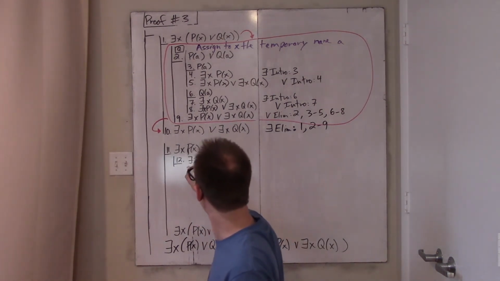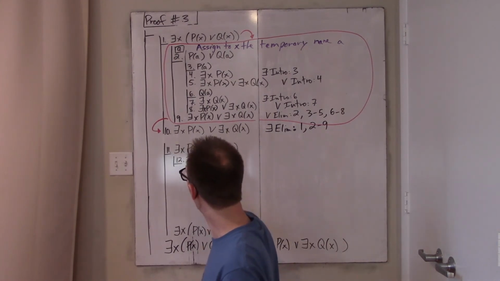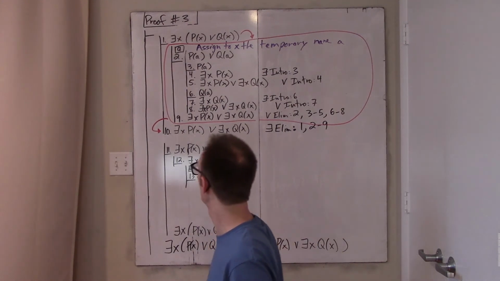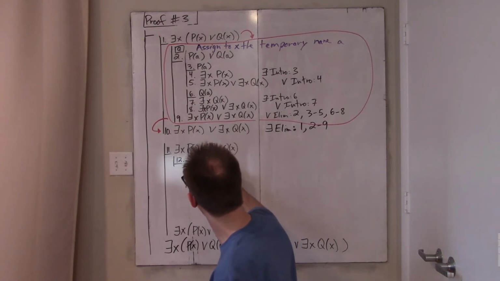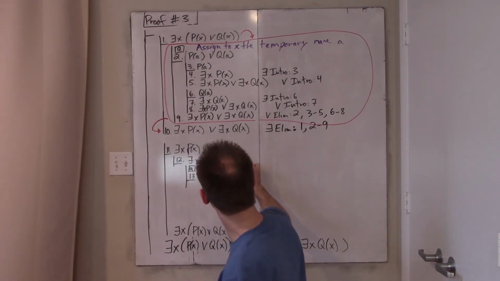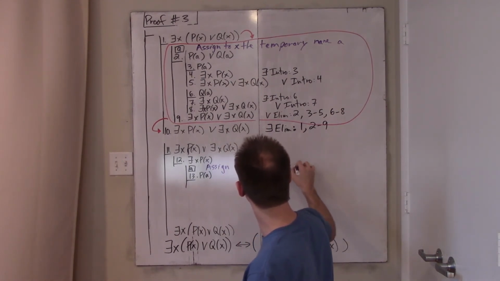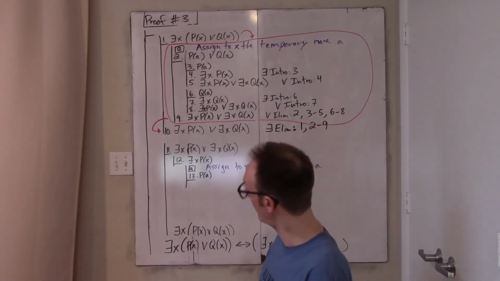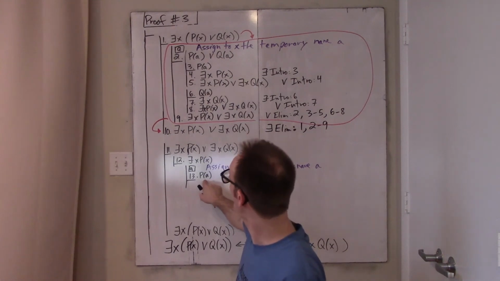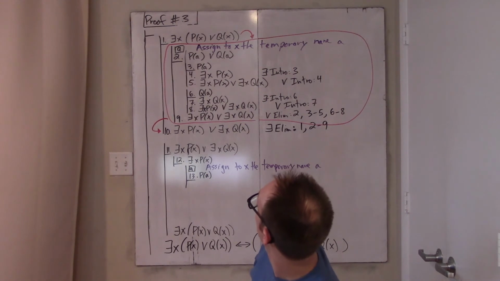So once again, I shall start a proof in which I say, let's name that person A. I'm going to just write this every time until I get so sick of it. Assign to X the temporary name A. And, well, okay, so now I know this, I think I'm going to drastically run out of room here. That's kind of sad.